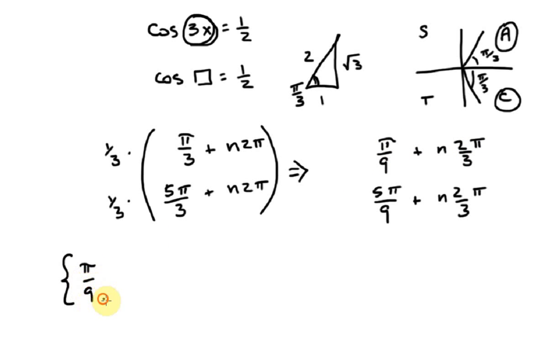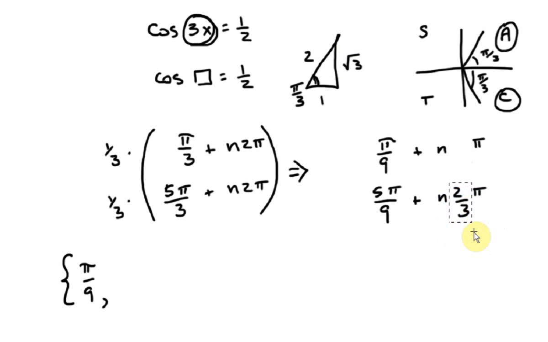So that's one of my solutions. Okay, pi over 9. Now, what about when n is 1 and I add 2/3 pi to this pi over 9? Well, let me show you. Sometimes it's a little bit easier. Because I've got limited space here, I'm just going to delete the 2/3. And you'll see why in a second. I know you're probably thinking, what is he doing? But I'm going to show you why.